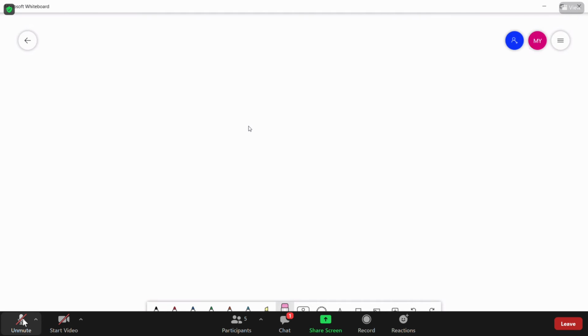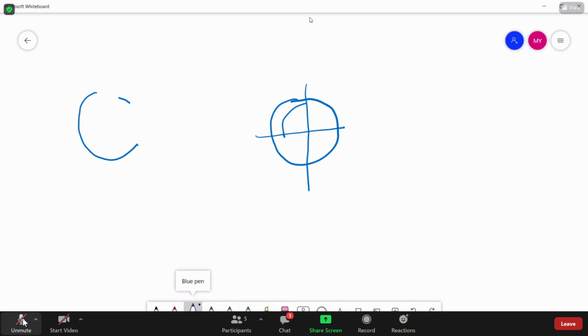Say this concept, we already have some understanding of it. So I have a unit circle with the center as origin. This is my x-axis and this is my y-axis.